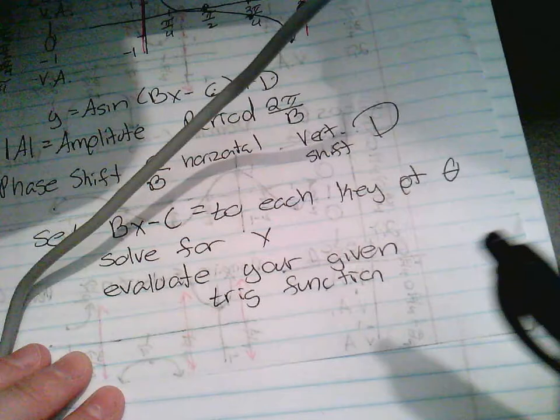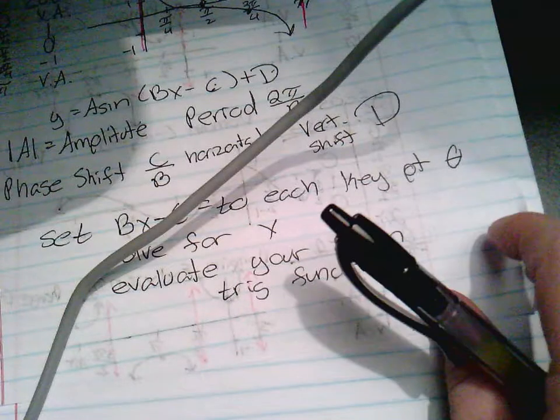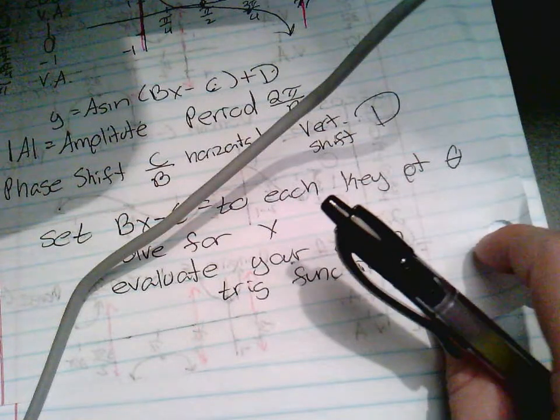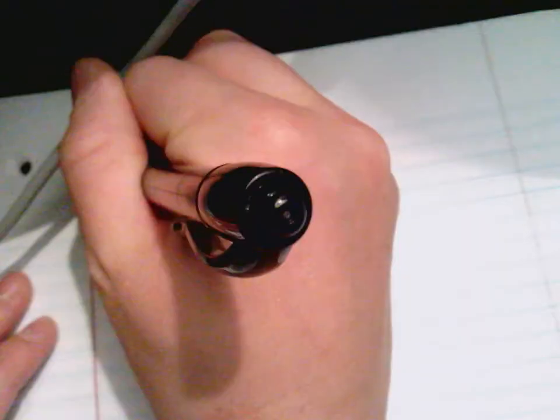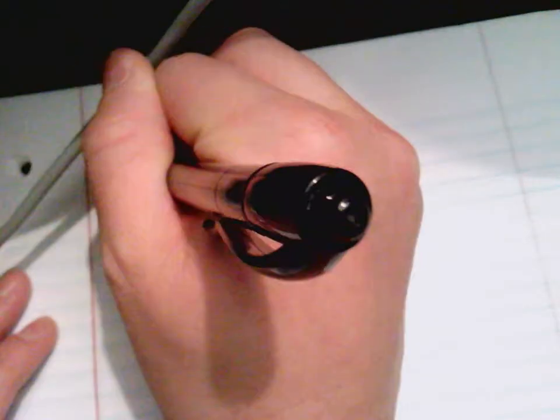Okay, so let's start with this one right here. I'm going to start a little bit easy. Let's just start with y equals cosine, or we'll do a negative. If there's a negative in front, same thing. It's just a reflection about the x-axis.